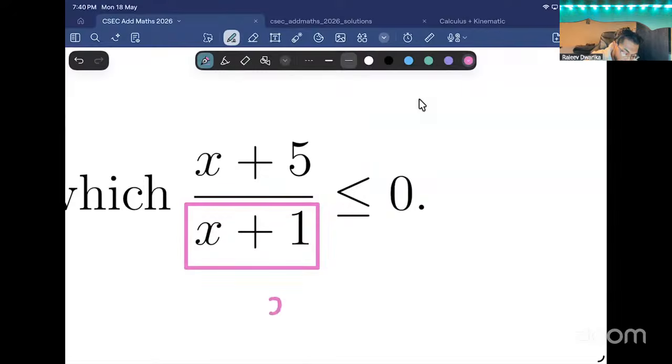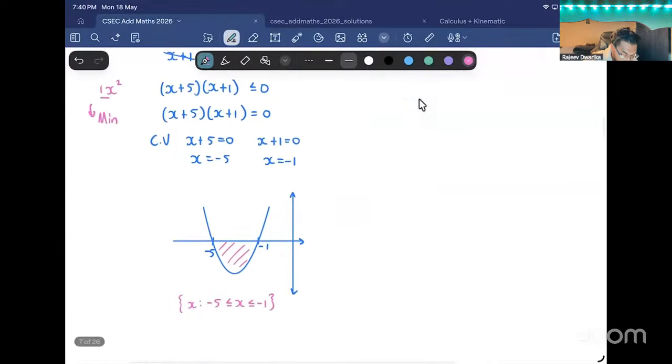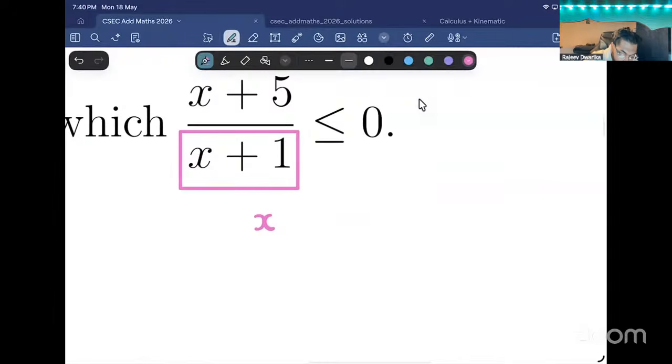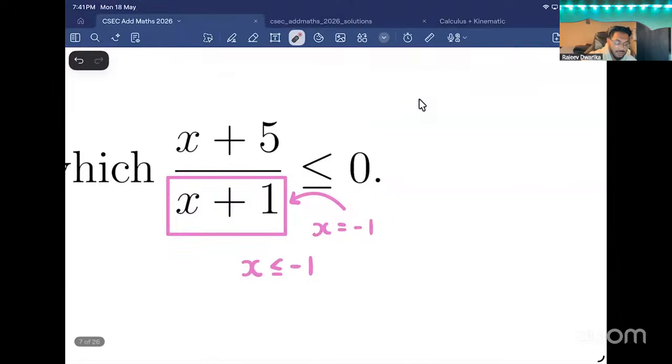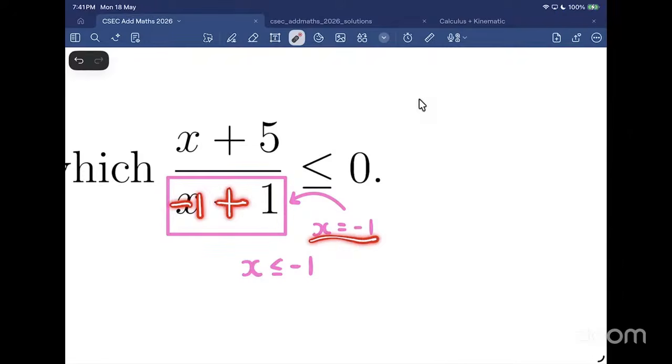If you say x is less than or equal to negative 1, then you are including negative 1 in your solution set, which is wrong. Because when x is equal to negative 1, it's going to make this function what? Undefined. Because if x is negative 1, what is negative 1 plus 1? 0.